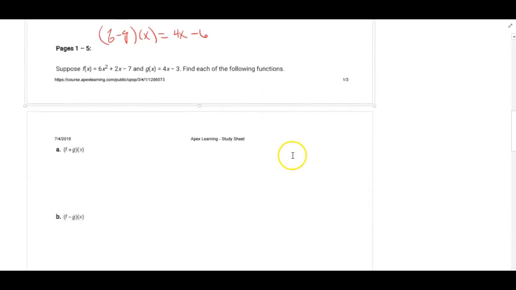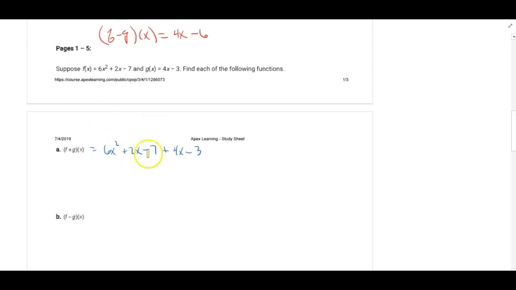Alright, the next one. Little more different, right? So when we do f plus g of x, right, you're going to get 6x squared plus 2x minus 7 plus 4x minus 3. So f of x is 6x squared plus 2x minus 7 plus g of x is 4x minus 3.